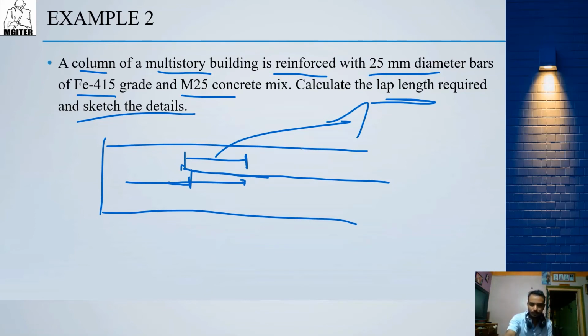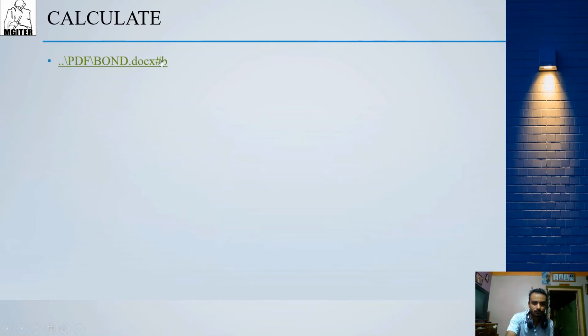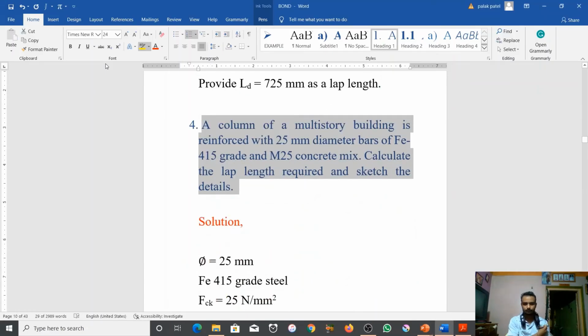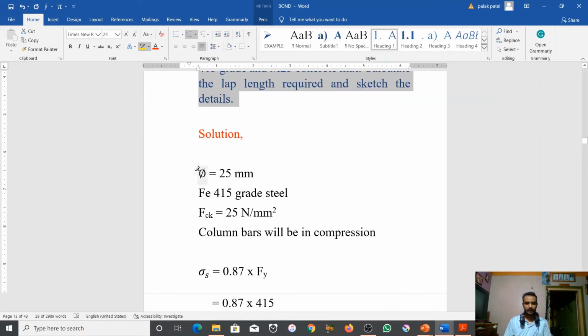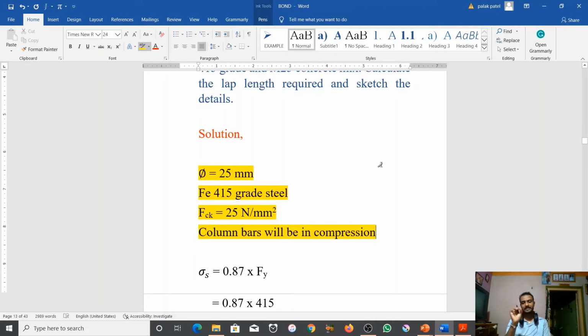So we have to find out the diameter of bar, 25 mm, Fe415 grade steel, fck 25 Newton per mm square. And then the column bar means compression. A column is always in compression. Remember this. A beam has two zones: upper is tension, lower is compression.